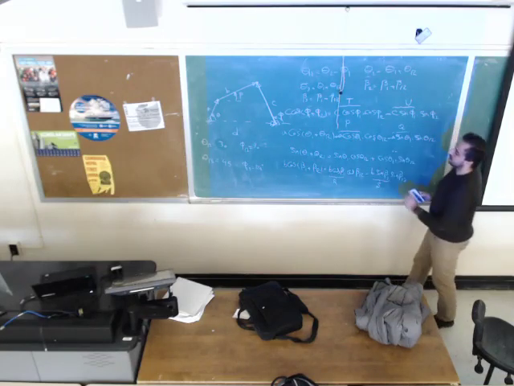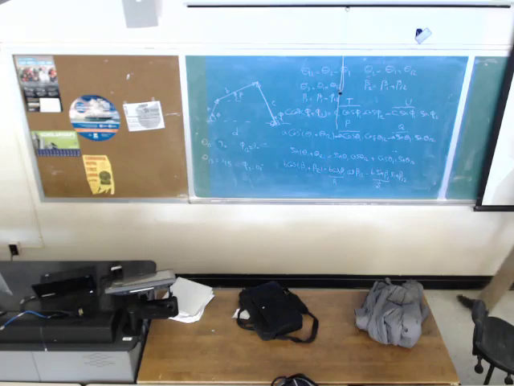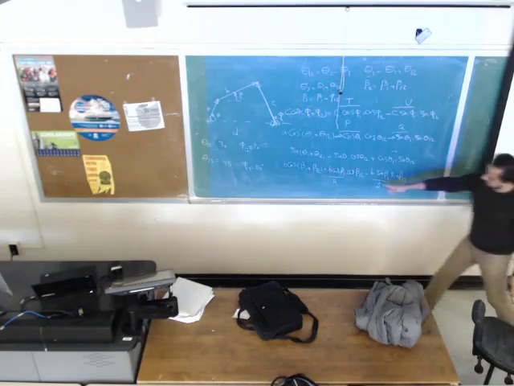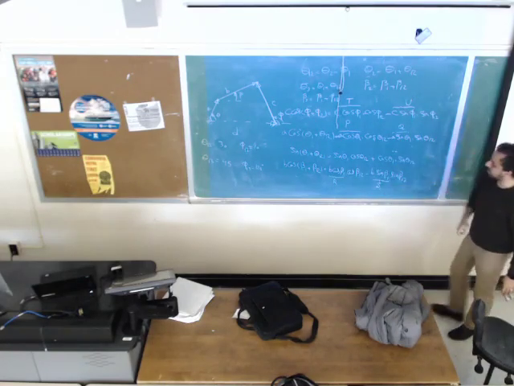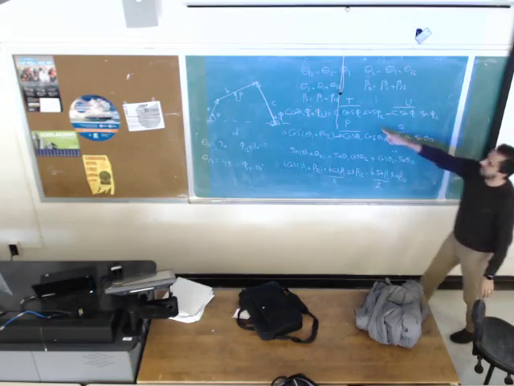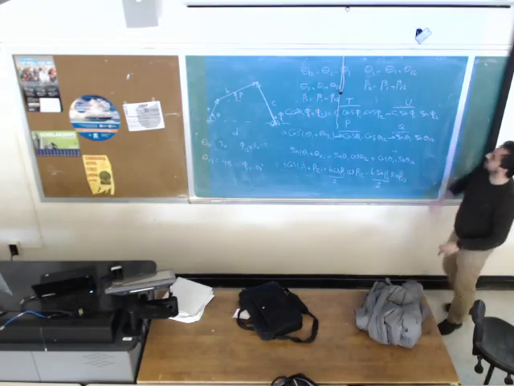P is A cosine of theta 1, Q is A sine of theta 1, R is B cosine of beta 1, S is B sine of beta 1, and T is going to be this, and U is going to be this.